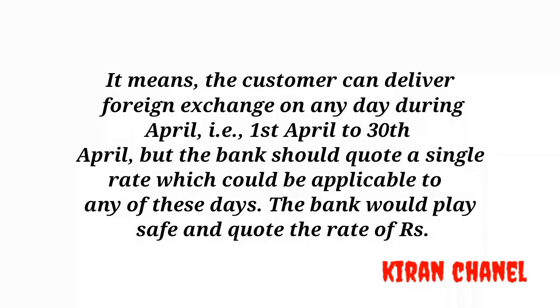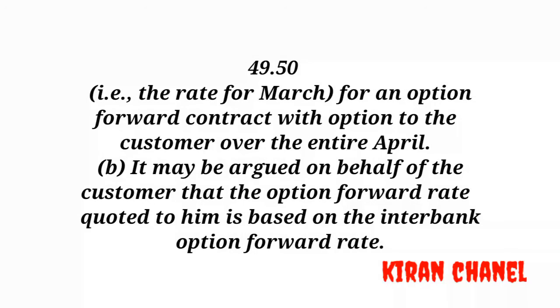It means the customer can deliver foreign exchange on any day during April, 1st April to 30th April, but the bank should quote a single rate which could be applicable to any of these days. The bank would play safe and quote the rate of Rs 49.50, the rate for March, for an option forward contract with option to the customer over the entire April.